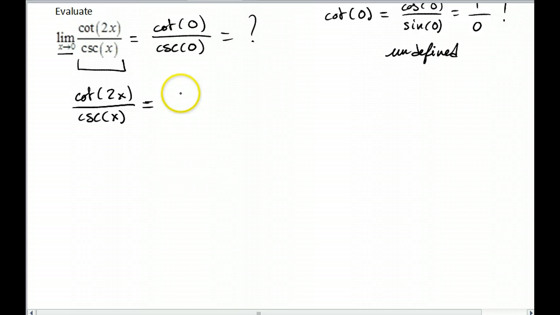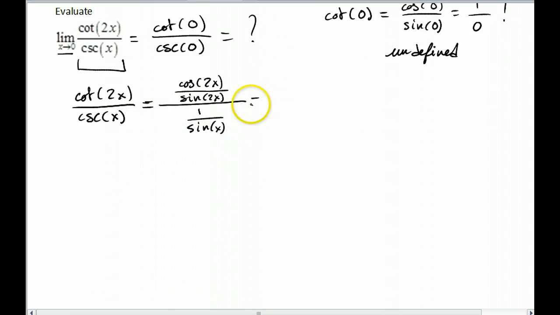Okay, so this is the cosine of 2x divided by the sine of 2x, and this is divided by 1 over sine x. Okay, so what do we have? We have cosine 2x times sine x divided by sine 2x.